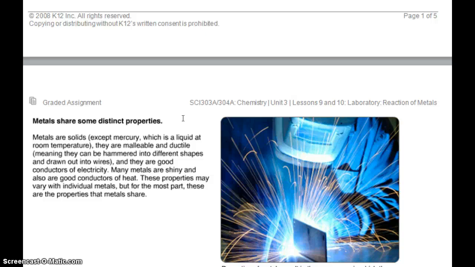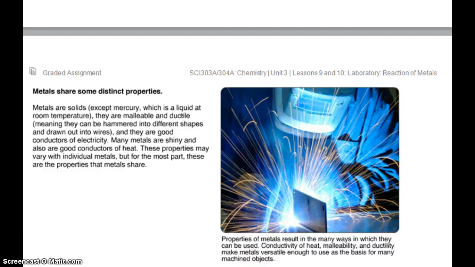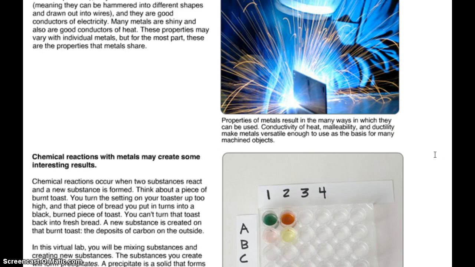These properties may vary with individual metals, but for the most part, these are the properties that metals share. Properties of metals result in the many ways in which they can be used. Conductivity of heat, malleability, and ductility make metals versatile enough to use as the basis for many machined objects. And this person is welding two metals together.